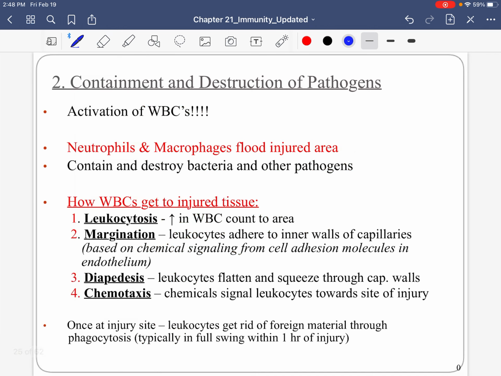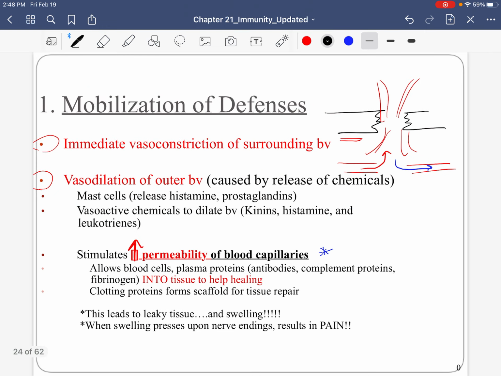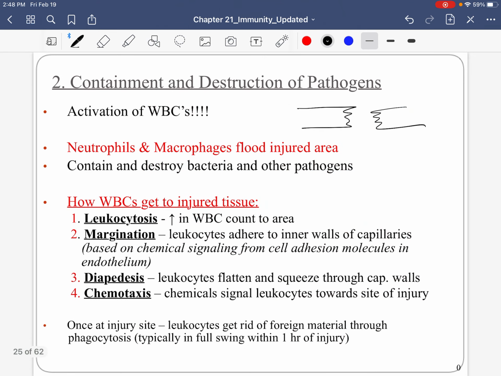Okay, what happens next? Well, next, so we have our tissue damage. We've tried to constrict nearby blood vessels, dilate further away blood vessels. So we've kind of mobilized our defenses or mobilized the area. Well, now we're going to bring in the white blood cells. So remember, the blood vessels further away dilated because we want to bring in supplies.